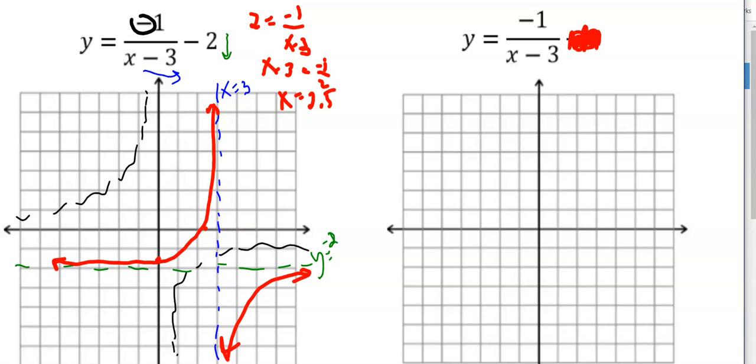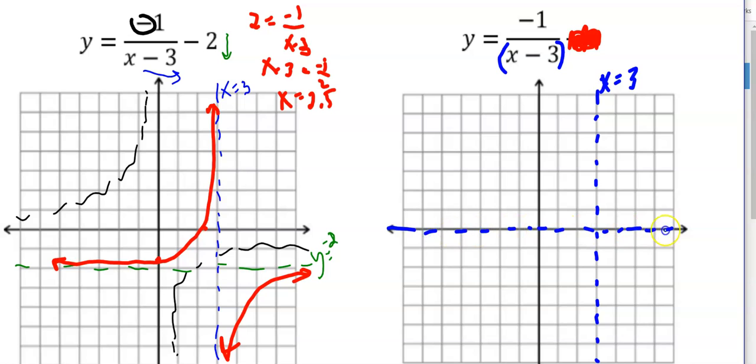So if we graphed it this other way of doing it, we'd look at the denominator and go, okay, where's the vertical asymptote? It's right there, x equals 3. And where's the horizontal asymptote? It's bottom heavy, so there's a horizontal asymptote at y equals 0.